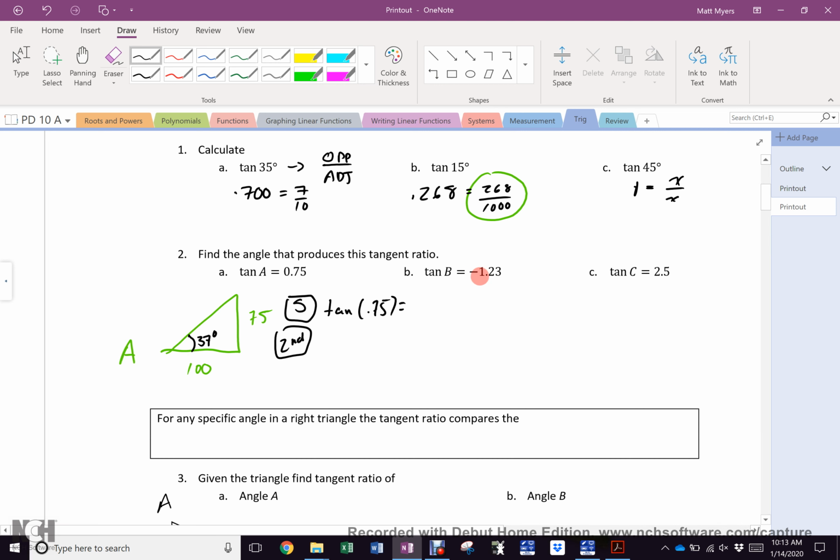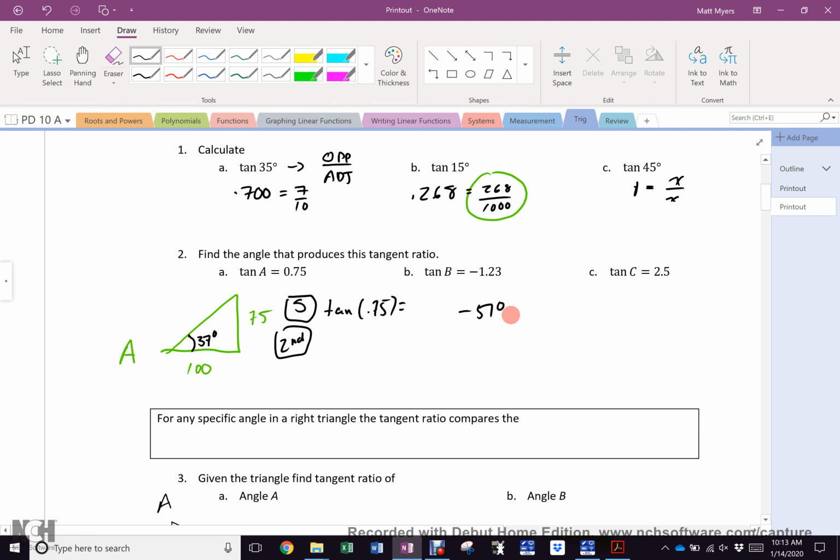Now, what happens here? This seems to make no sense, yes? Punch that into your calculator and tell me what you get. Negative 51 degrees. That makes no sense, yes? Don't worry, we're going to do a whole bunch of work on how that works.